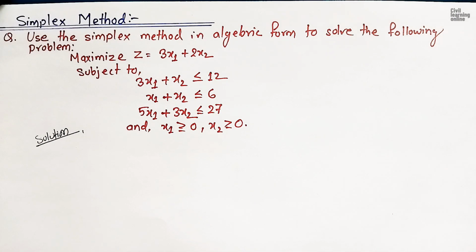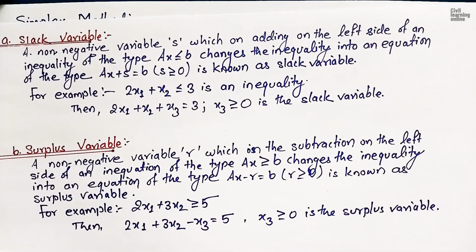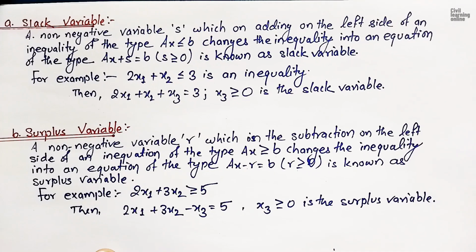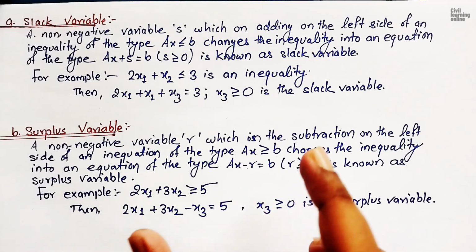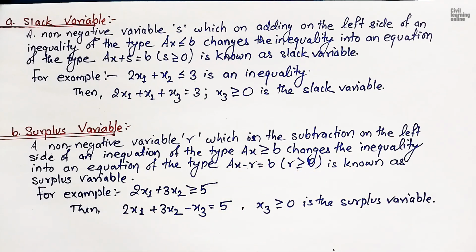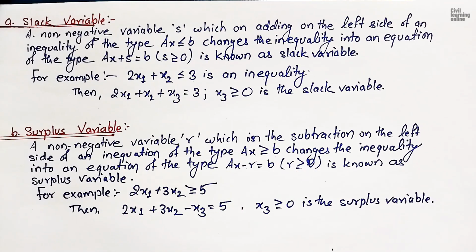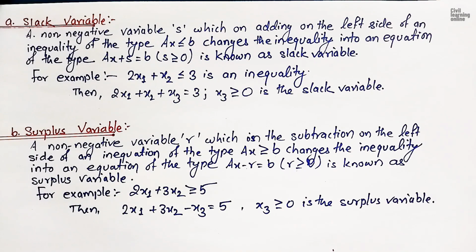In the previous video I discussed the definition and gave an example of what a slack variable and a surplus variable are. If not, you can pause the video, read it and note it down. It is written in very simple language.